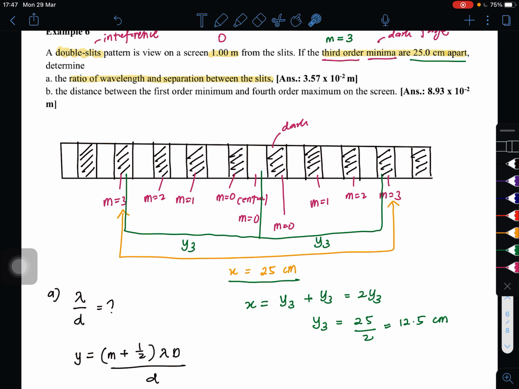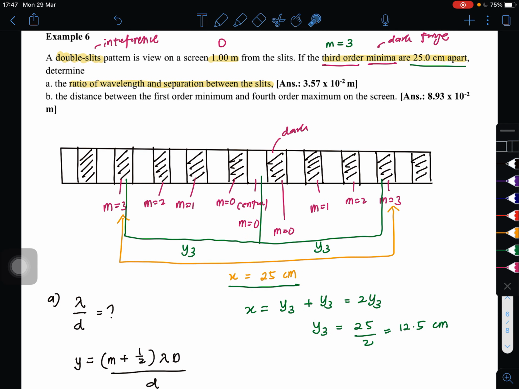Okay, the second question. Now we want the distance between the first order minimum and the fourth order maximum on the screen. Okay, so ni minimum di mana dia adalah dark, and then dia kata first order, which is M sama dengan 1, and then maximum adalah bright.